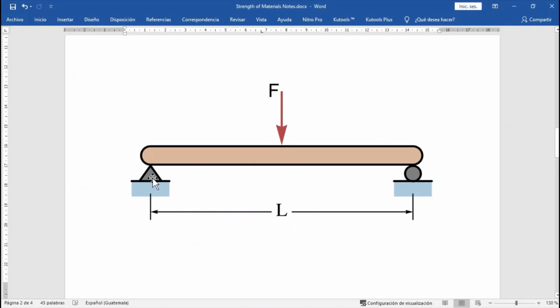In this case, the triangle is stuck on the foundation or stuck on the floor. That means that the reaction is horizontal and vertical. The beam will not move vertically or horizontally. Now, in the case of the circle, since the circle can roll, this can move in a horizontal line, the reaction is only vertical, because vertically you cannot take this down because it's being held by the circle.